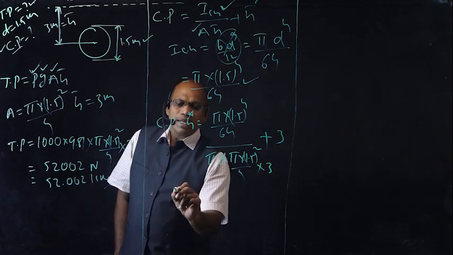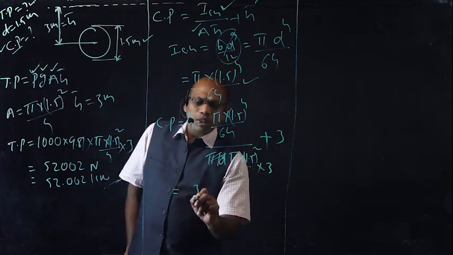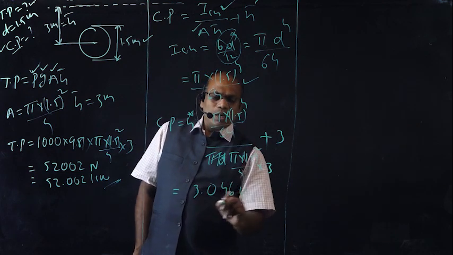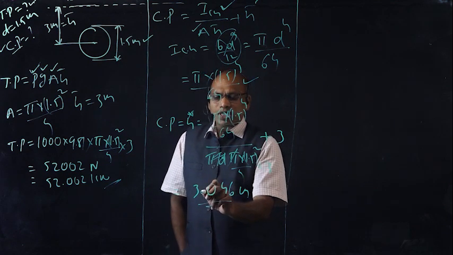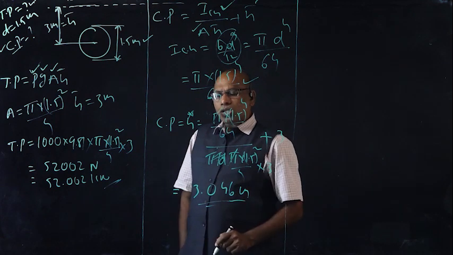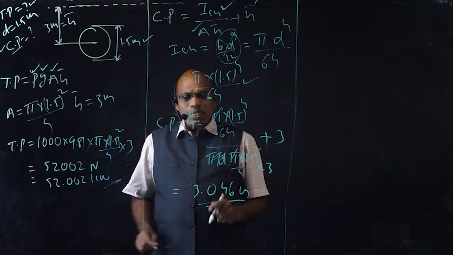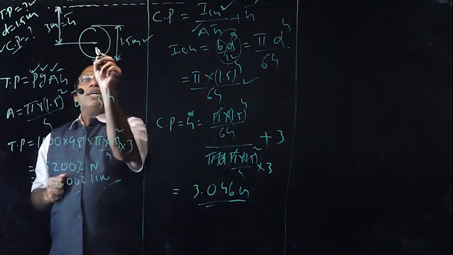Right, finally center of pressure or H star is equal to 3.046 meters. From this equation we have the H star is equal to 3.046 meters. Now here also the center of pressure is below the H bar. This is the H bar.